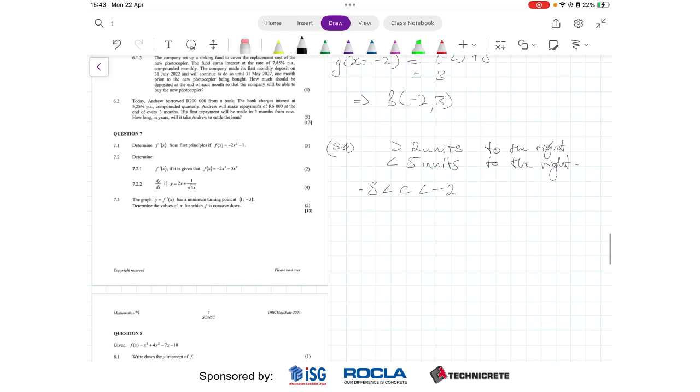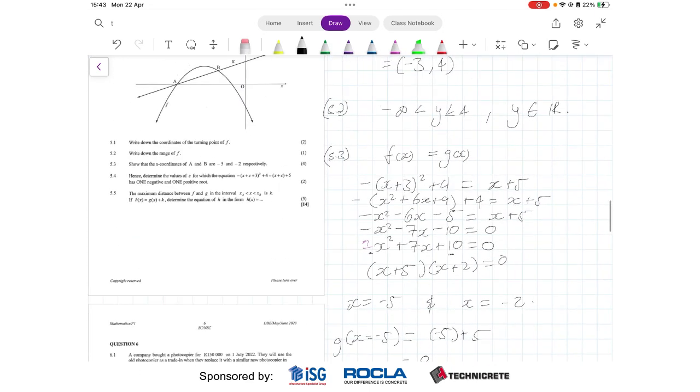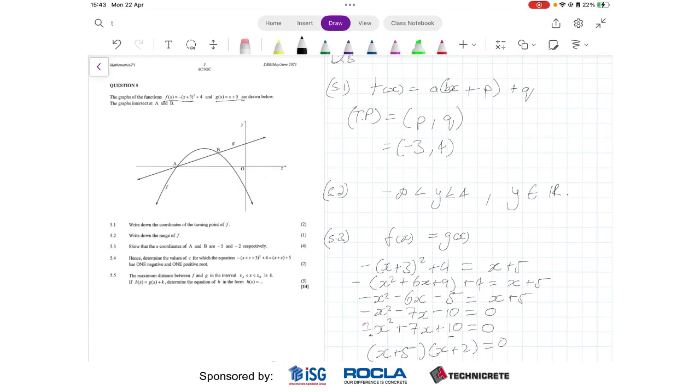So if your value of p increases, then it means your graph is shifting to the left. And if your value of q increases, it means that your graph is shifting upwards, right? But if your value of p decreases, it means that you are shifting your graph to the right. I hope that is clear.